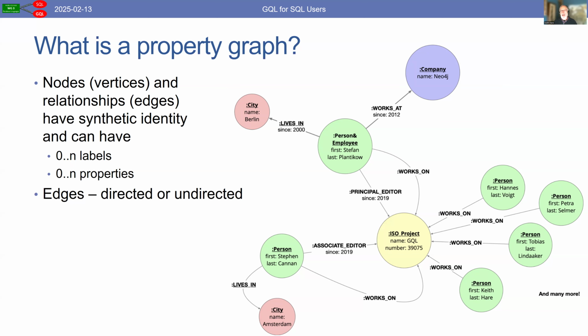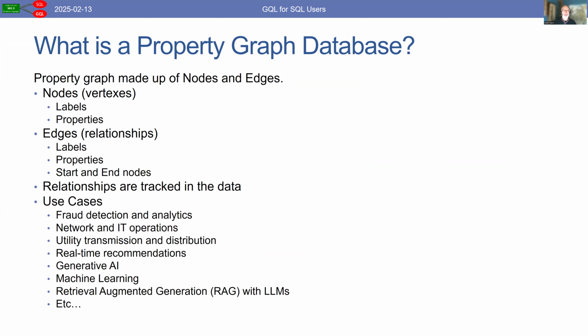The edges can be either directed or undirected. So a directed edge implies a hierarchical relationship. An undirected edge implies a relationship where the different nodes are equal. The important thing about a property graph database is that the relationships between the data are actually stored as data and can be queried.